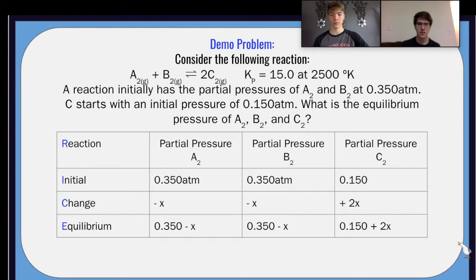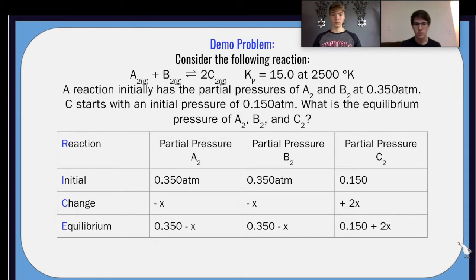Alright, so the next type of problem you'll see, as you can see, we're given all of the initial concentrations if you look at the RICE table, but I'm going to bring you back up to the top of the problem, and we're going to look at the reaction that we're given. So A2 plus B2 is at equilibrium with 2C2.